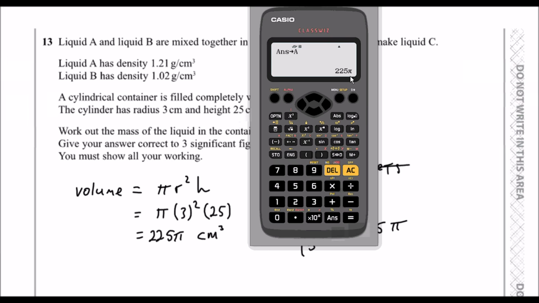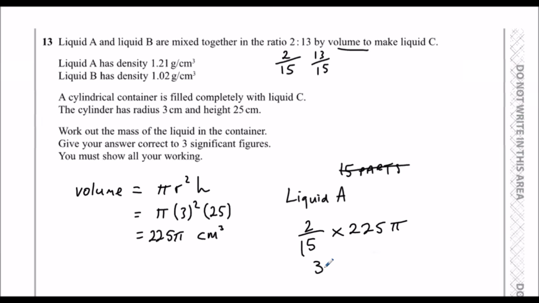I'm just going to store 225 pi as A. So I want 2/15 of A. 2/15 of A is 30 pi. So liquid A's volume is 30 pi centimeters cubed.